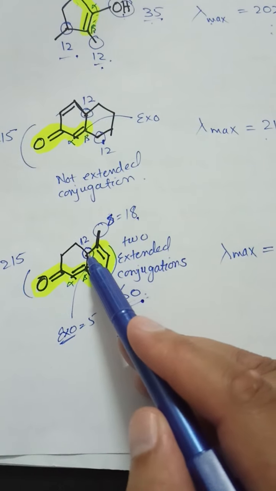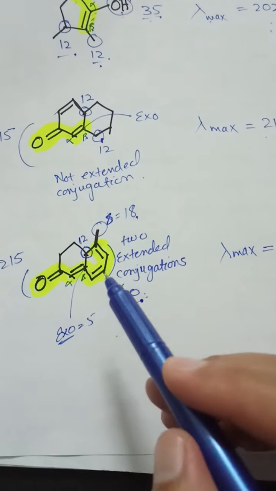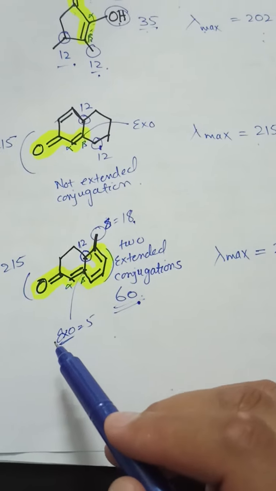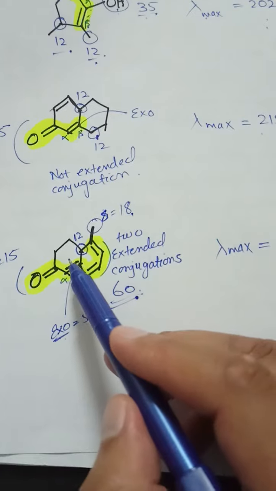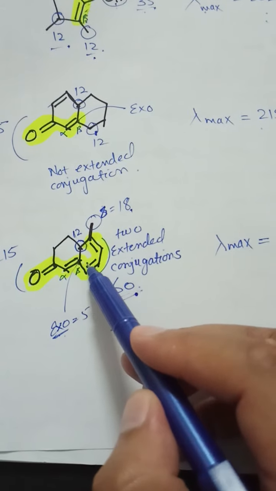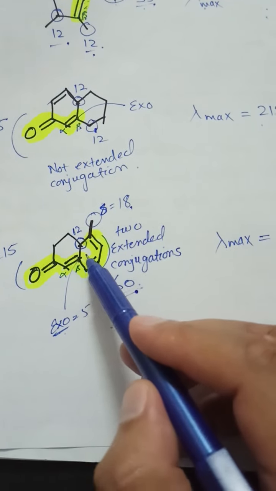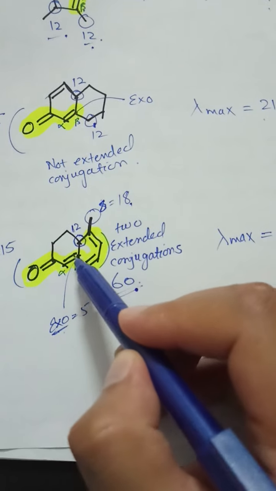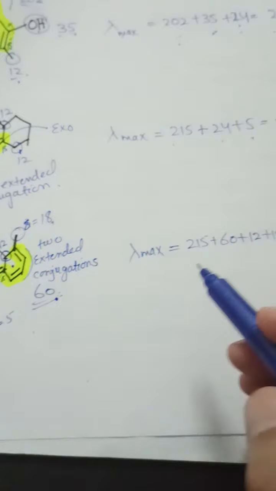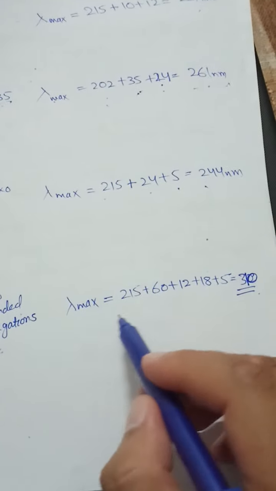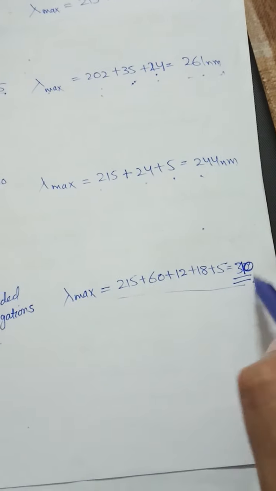Here is the alkyl group which gives 12 nanometer addition, and there is one exocyclic double bond because of this ring, so this is a 5 nanometer addition to this base value, and it will be 310 nanometer.